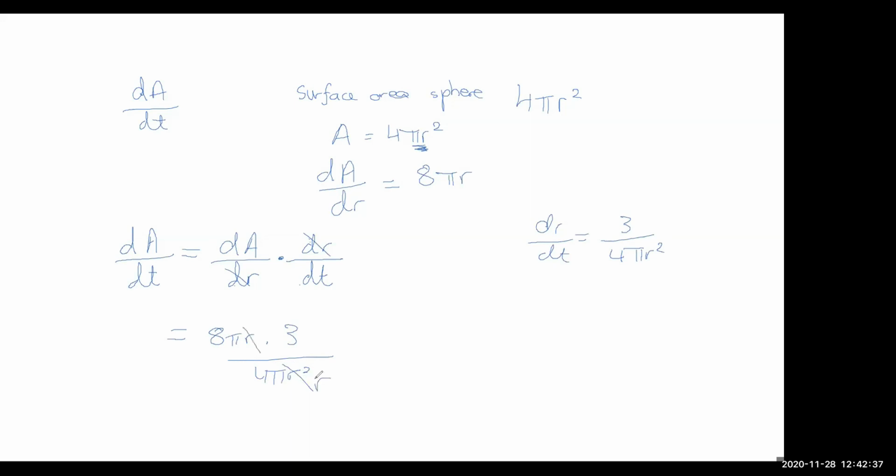The r's will cancel, pi's will cancel, 4 and 8 give 2, which is equal to 6 over r. And when r is equal to 3, that is 6 over 3, which is equal to 2 centimeters squared per second.